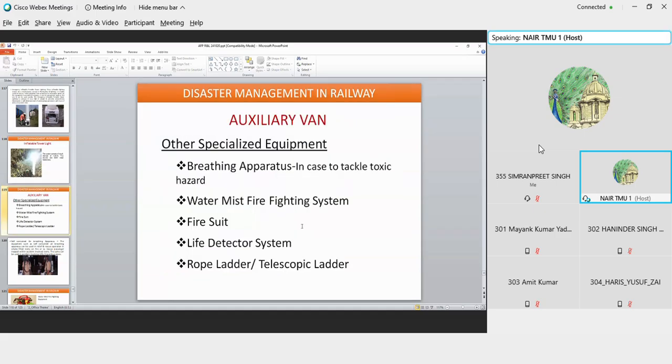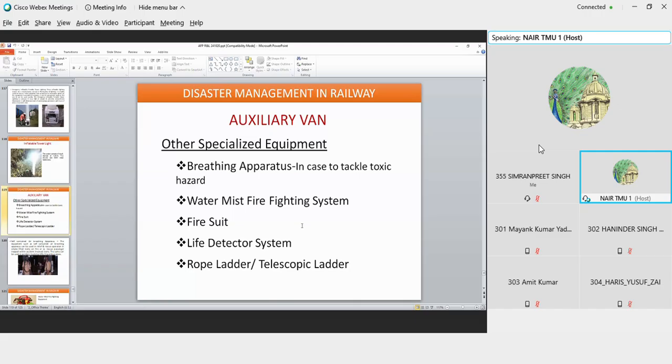Then, with the changing scenarios of accidents, we have started providing breathing apparatus, water mist firefighting systems, fire suits, and life detector equipment. Also, one thing which should be kept in mind is, if an accident has happened involving a tank wagon or a fuel wagon, petroleum wagon, then a representative from the oil manufacturing company is also supposed to be called, because you don't know what types of gases you are dealing with.